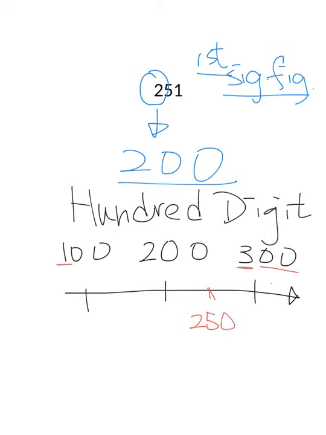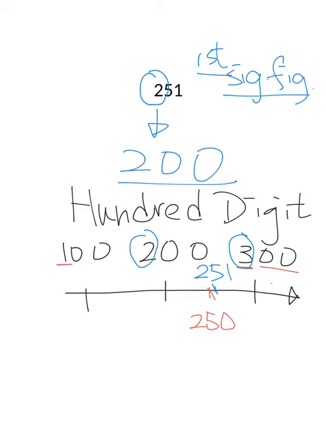And 251 should be a little bit bigger than 250, maybe here. So if we observe the 100 digit, it is better for us to use 2 or 3 to represent 251. It seems that 3 is a better number.